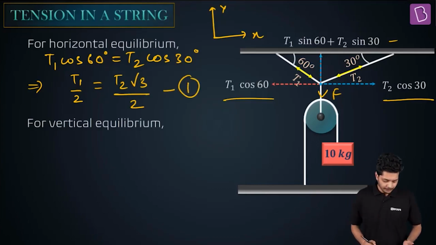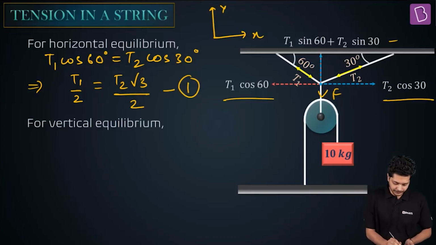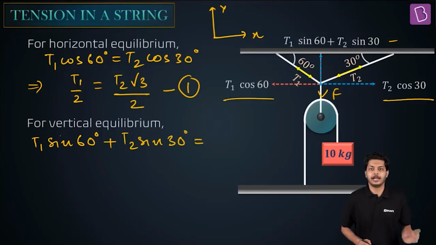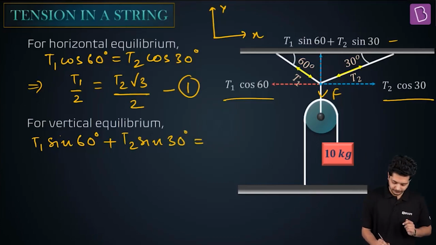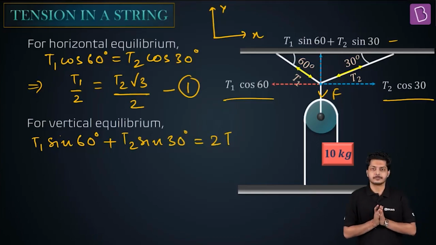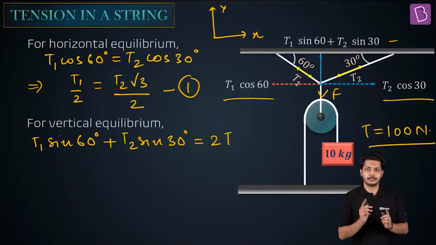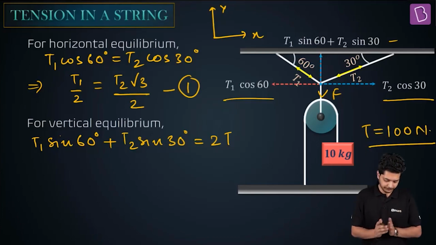For vertical equilibrium, in the positive y direction, we have T1 sin 60 degrees plus T2 sin 30 degrees, which is equal to F, and F is 2T. If you remember, we found that T is equal to 100 Newton. We calculated 10g, which is 100 Newton.